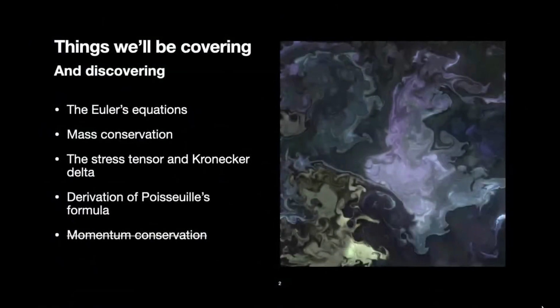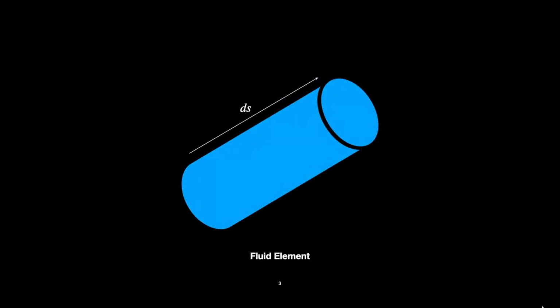So first of all, let's jump to Euler's equations. As in any mechanics class, we're going to be just looking at forces on an object, on an element, on any object, and then we're going to just use basic F equals ma, Newton's laws, to derive equations and predict its mechanics.